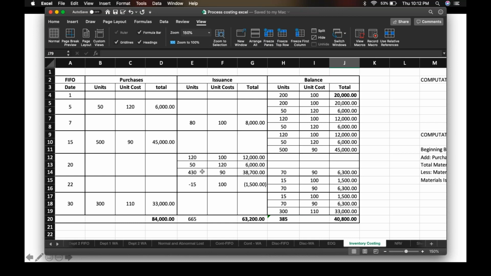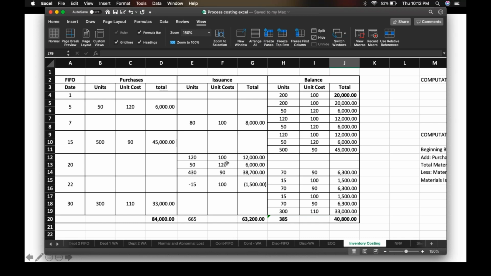Yung 600 na yun, we have to exhaust first all the materials that were transferred in first, and that is yung 120. So 120 at 100. Yung next 50 from the 600 will come from the 120. So meron na tayong 170 na exhaust.